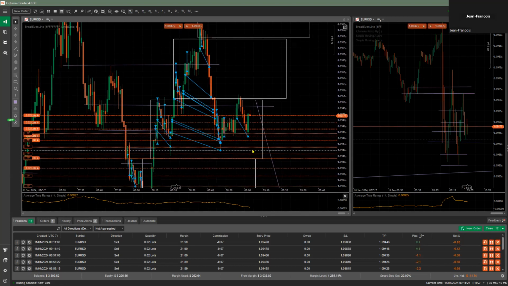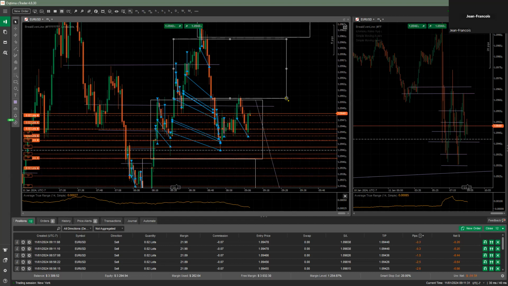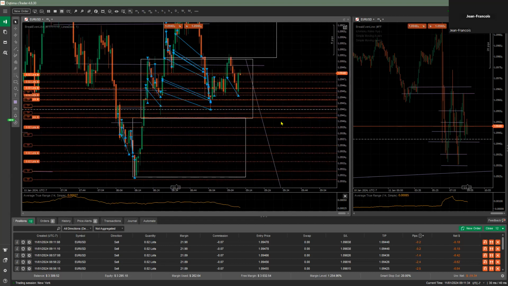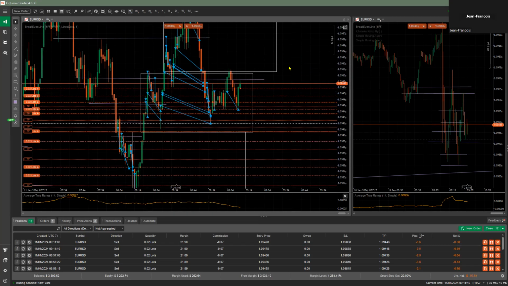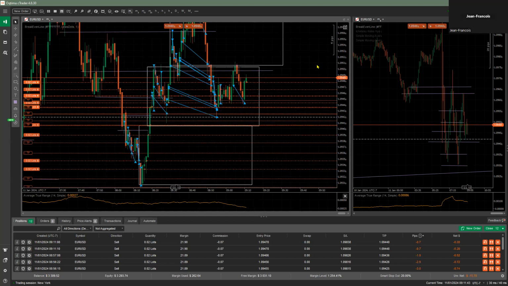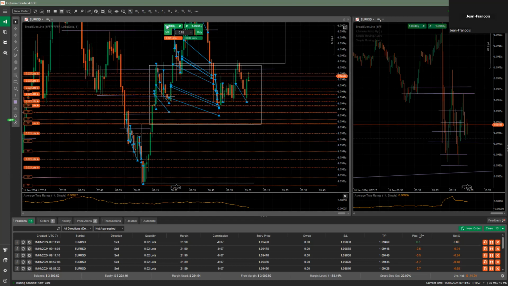The white line is 6 pips away. Let's repeat that. Let's move it up a bit. Boom, one line. So now we're right there.